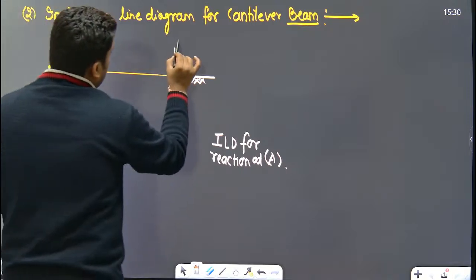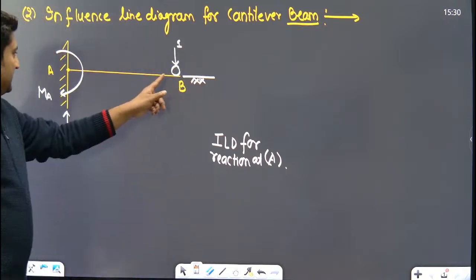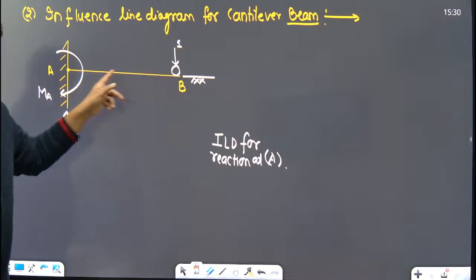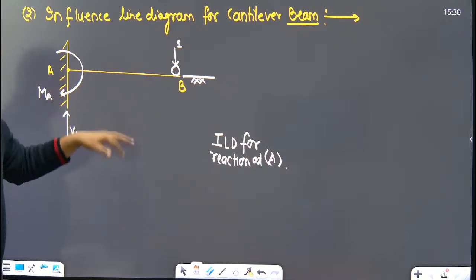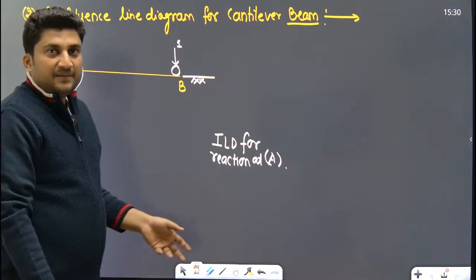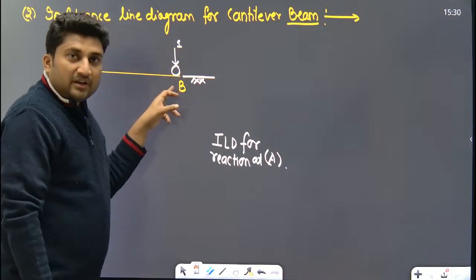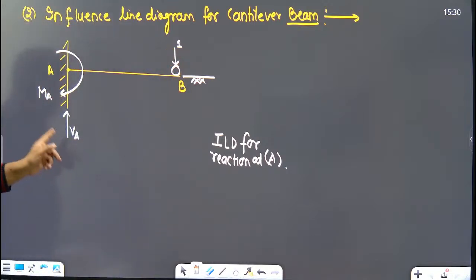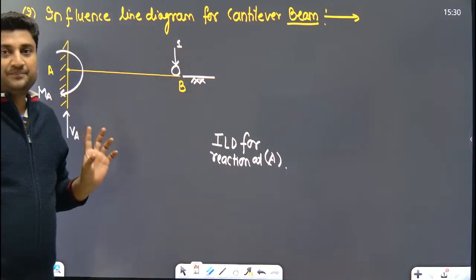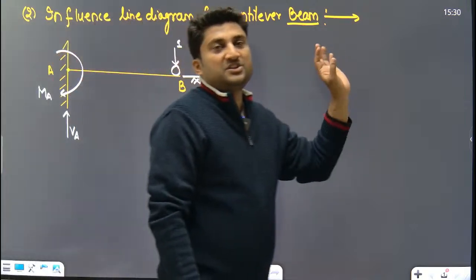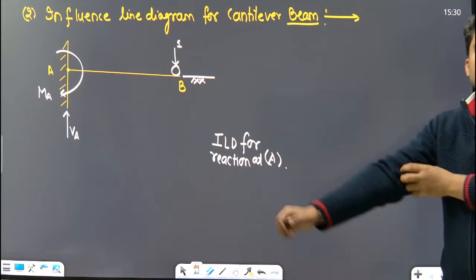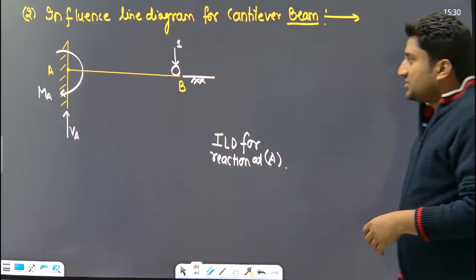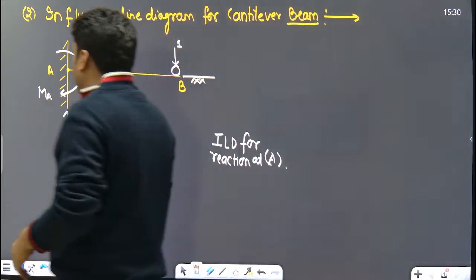Now this is a unit load. Whatsoever be the position of the unit load, the reaction at A will be 1 only, in order to balance the unit load externally. If the unit load is here, VA will be 1.